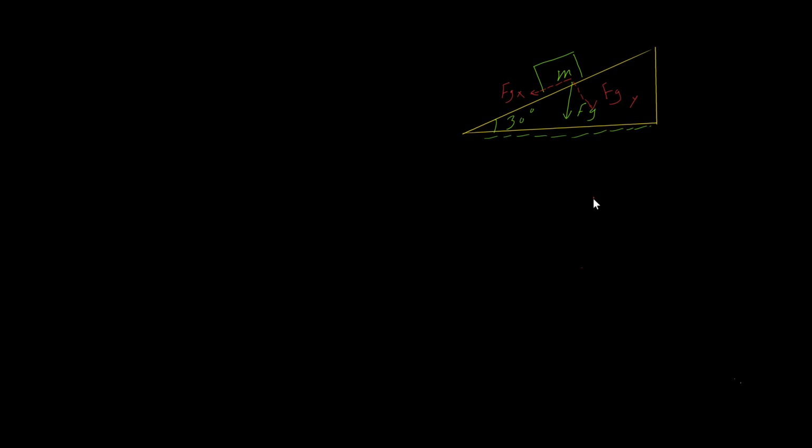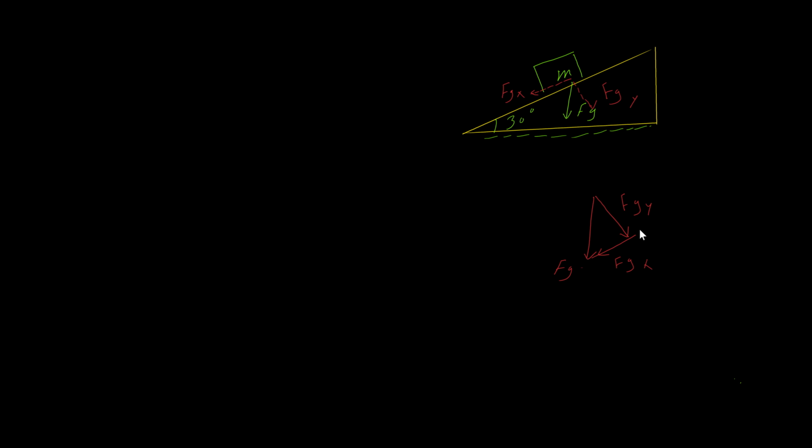Let me draw it down here. So that is the Fg, and then we have the x, and then we have the y component. So that is Fg y, and this one is Fg x.